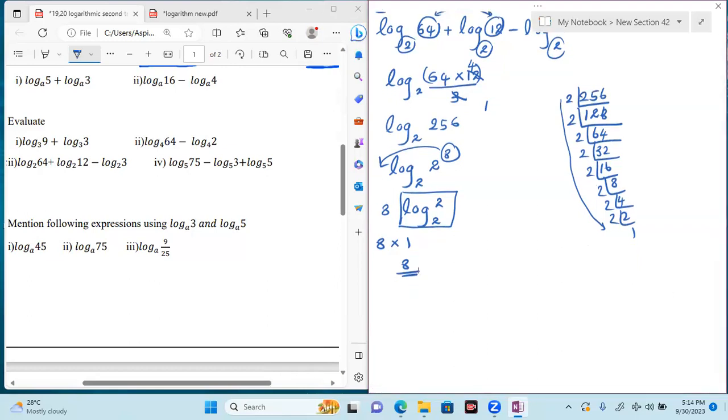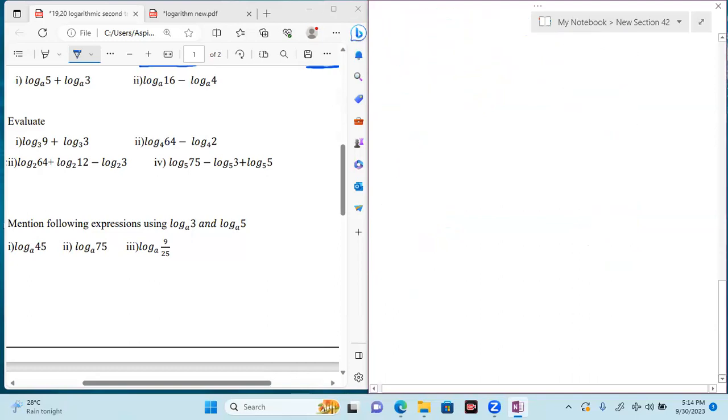Then let's move to the fourth question. Okay, look at here. It is logarithm of 75. Here subtraction, so you can divide 75 divided by 3.